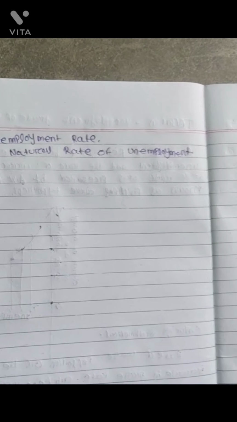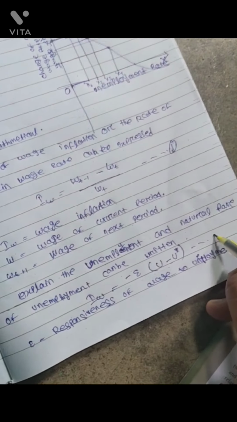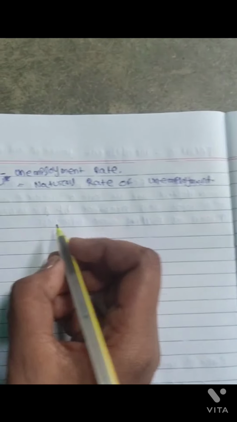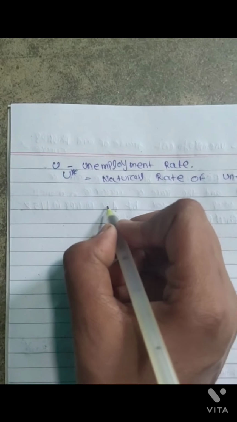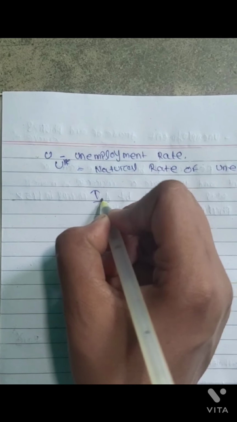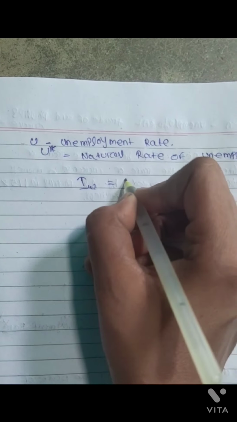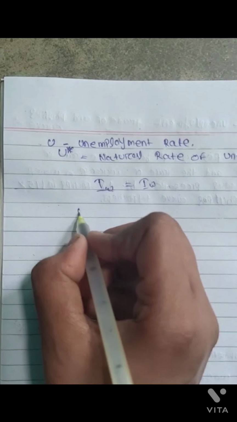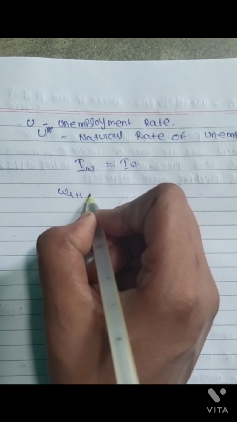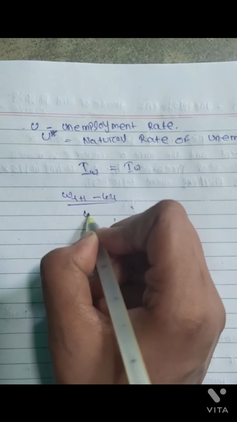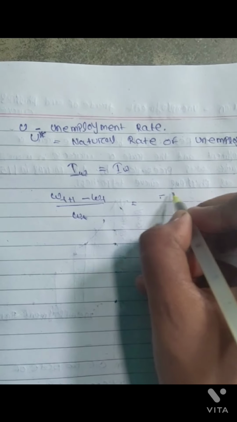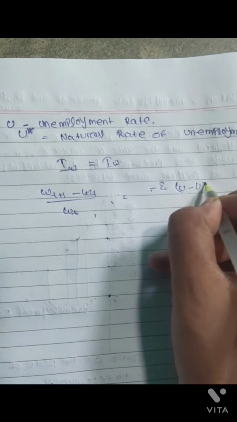This is equation 1 and this is equation 2. Now combine both equations. IW is equal to IW. That means (WT+1 minus WT) by WT equals minus summation (U minus U star).